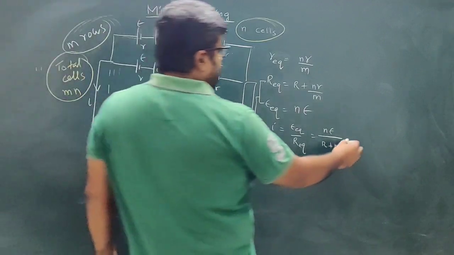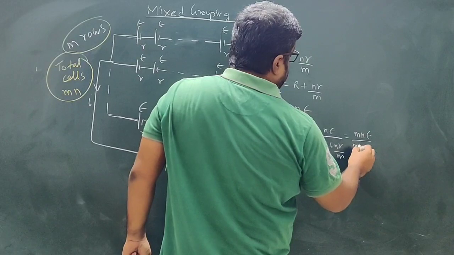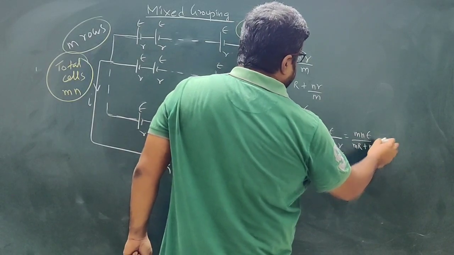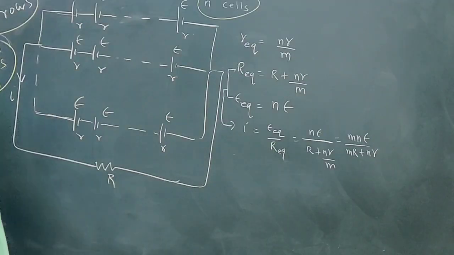I can write this as mnE divided by mR plus nr. Correct?